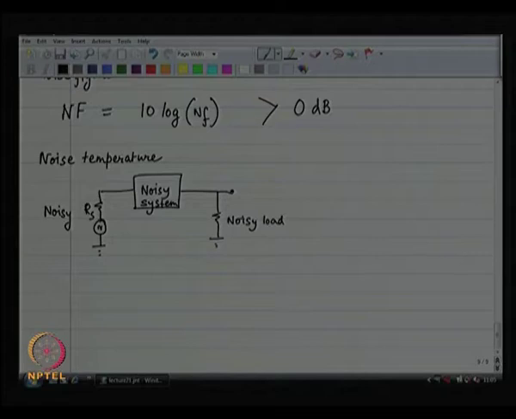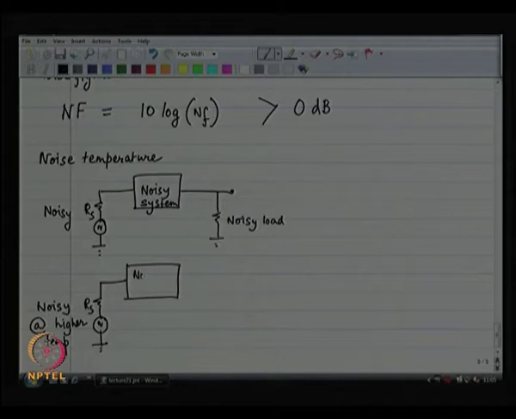Now, what should be the temperature of my source such that if I have a noiseless system and a noiseless load, I observe the same amount of noise? So, this is the question.